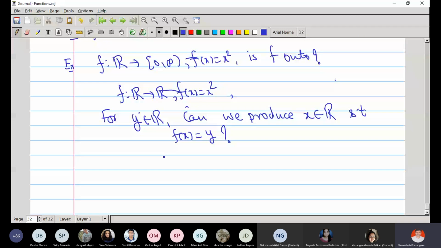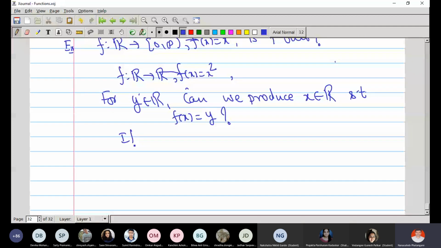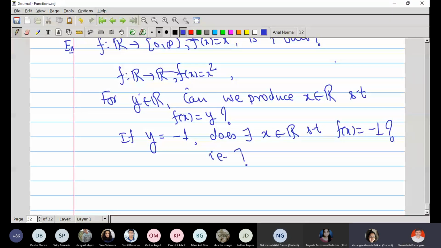In particular, if y is equal to, for example, -1, does there exist x in R such that f of x is equal to -1? No. That is, does there exist x in R such that x square is equal to -1?